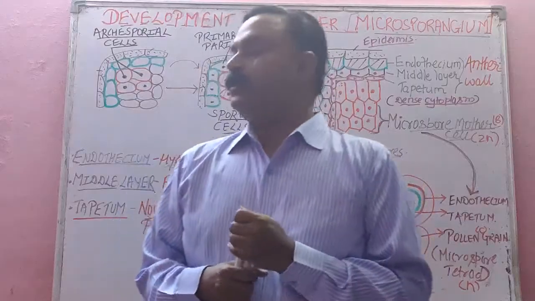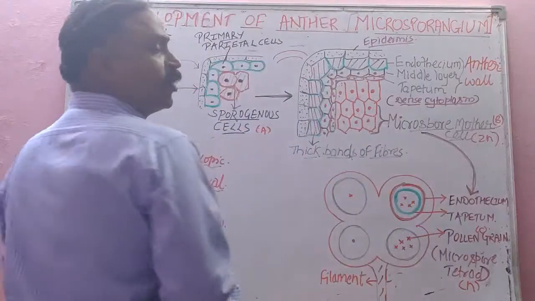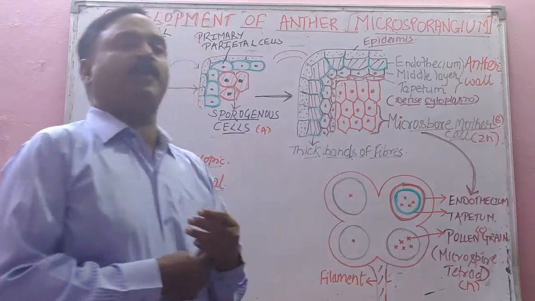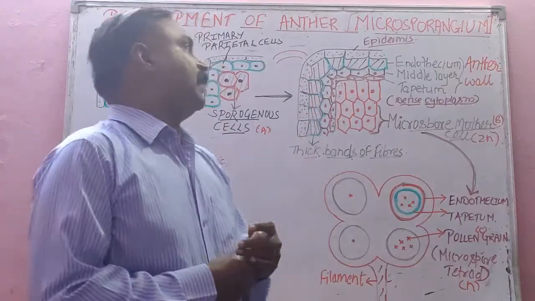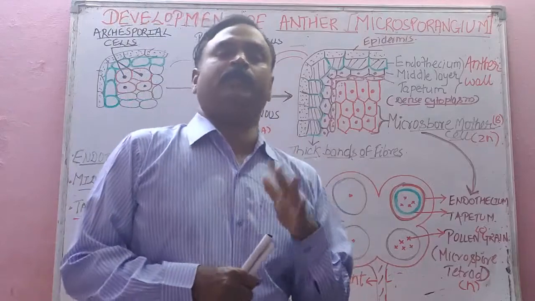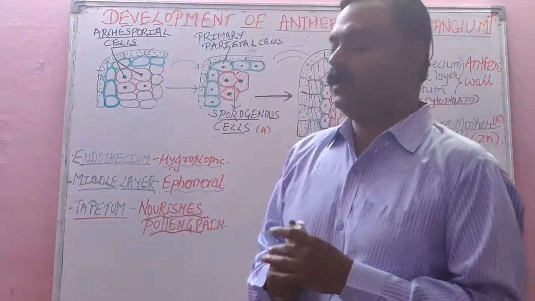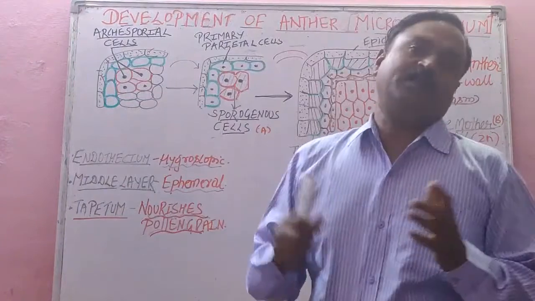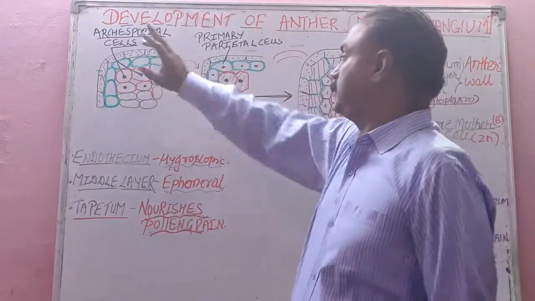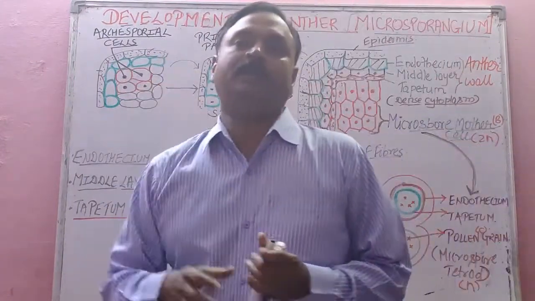Dear student, now we are on a very interesting topic, that is development of anther or microsporangium. Another name of anther is microsporangium. Student, if you remember, development of megasporangium, the beginning is same.